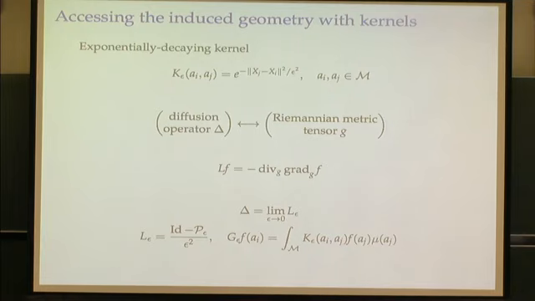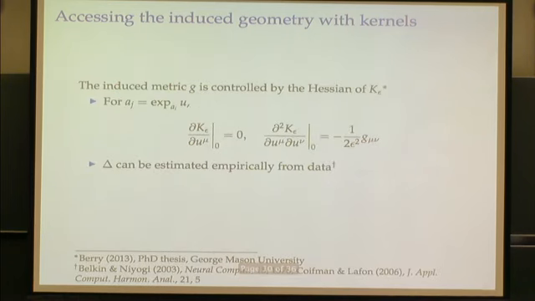I'm just saying how one way of changing the geometry of the data in a way that depends on the dynamics. So in general, and this was a nice place to read, that is the PhD thesis by Tyrus Berry, we can draw a correspondence between the induced metric on the dataset and the kernel through its Hessian.